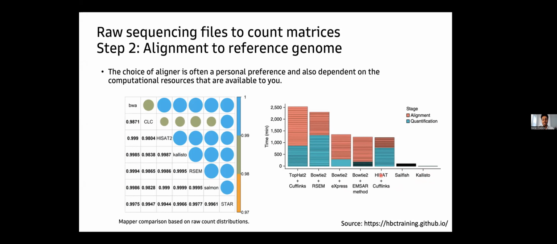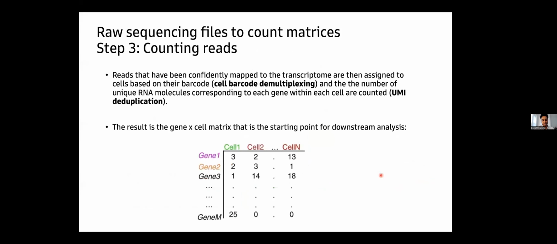So back to this. Once we do our counting, we're left with this cell by gene matrix, which is the starting point for all our downstream analysis. This should be very familiar to you.